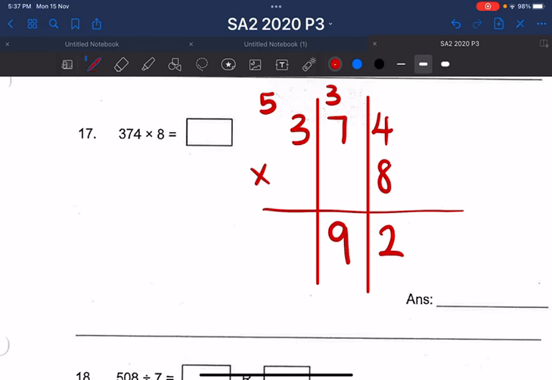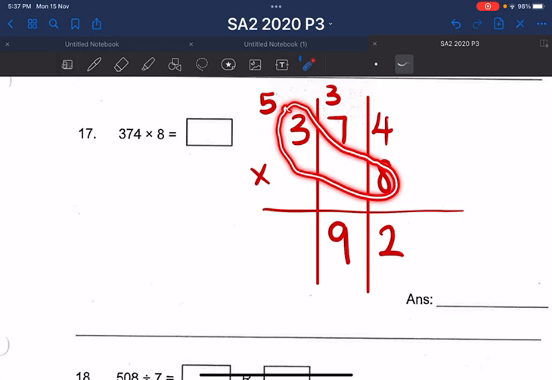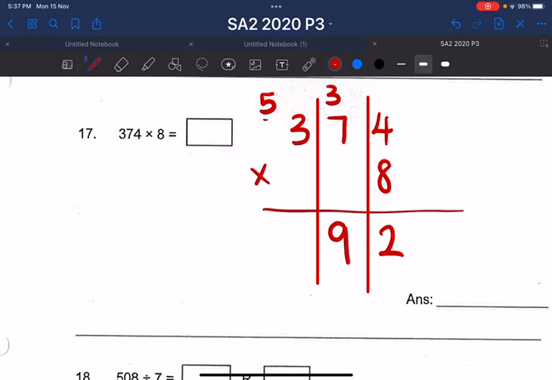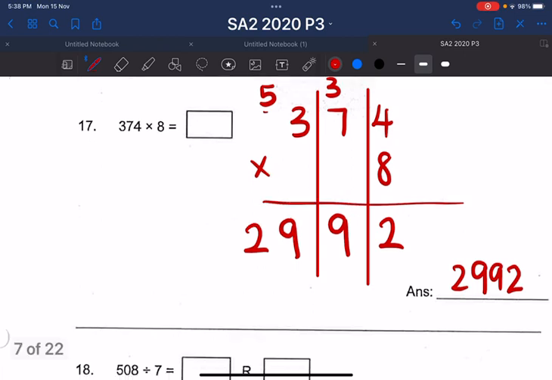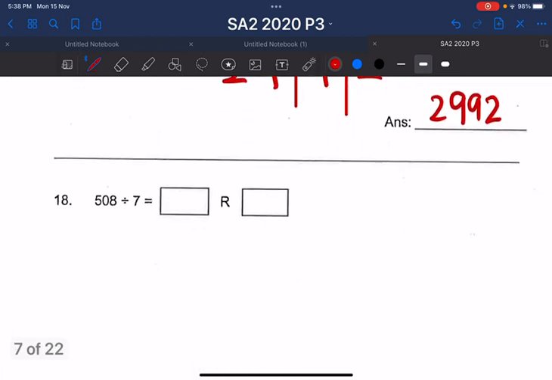Now, the next number that we're going to focus on will be 3 times 8. 3 times 8 is 24. 24 plus 5 will be 29. So there we have it, our answer for question number 17, 2,992.